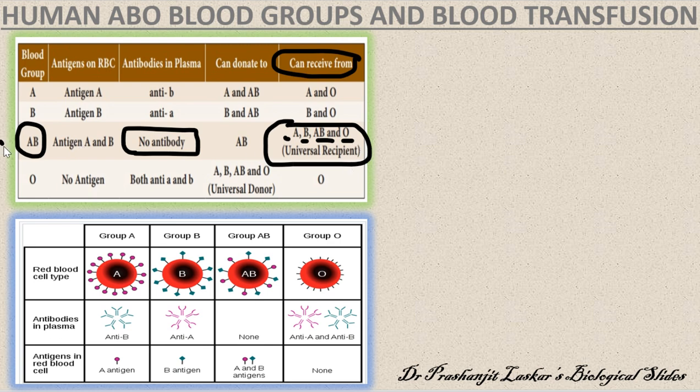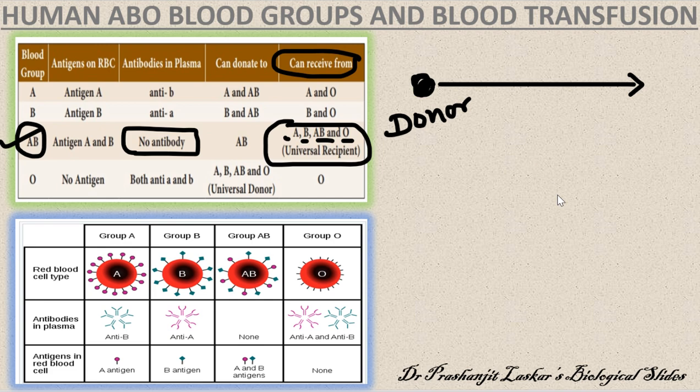Therefore, persons of AB blood group are called universal recipients. The person who gives blood is called the donor. The person who receives blood is called the recipient.